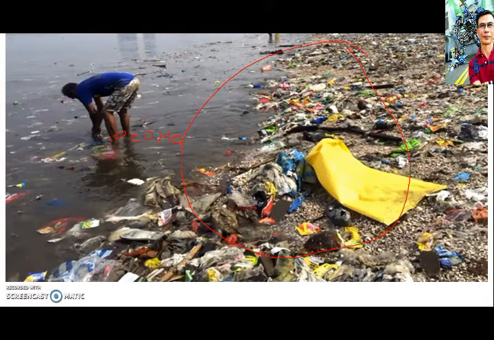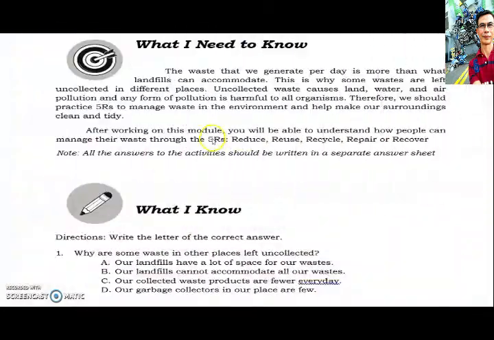Okay, so let's now start with what I need to know. The waste that we generate per day is more than what landfills can accommodate. This is why some wastes are left uncollected in different places. Uncollected waste causes land, water, and air pollution.